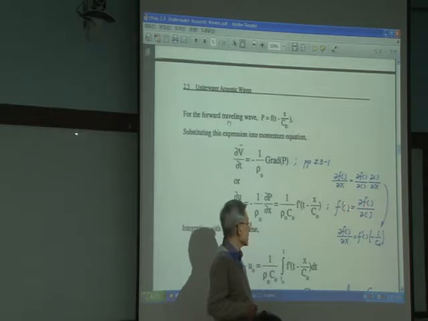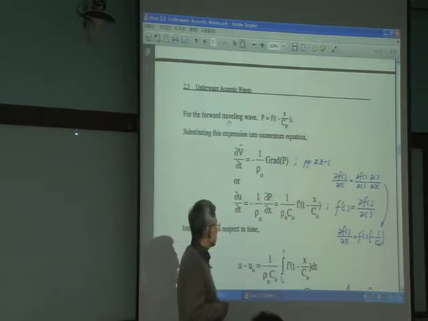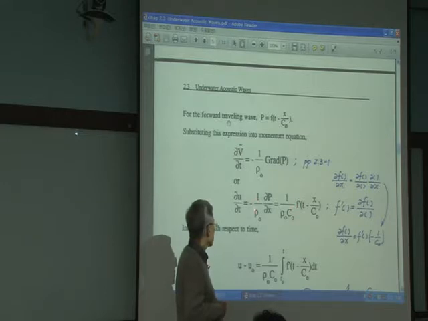This is F prime, and this equation set comes like this. If you do the partial differentiation with respect to X for P, then it's going to be minus 1 over C naught. So 1 over C naught here, minus minus becomes positive, rho naught C naught, then F prime. This is F prime, as is.